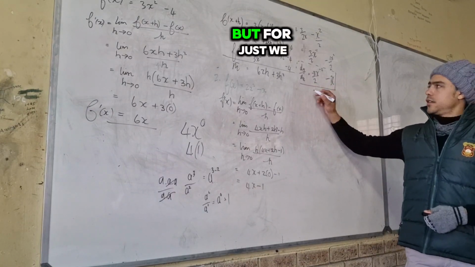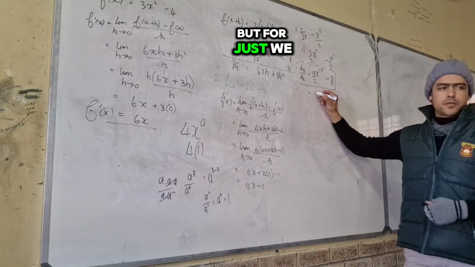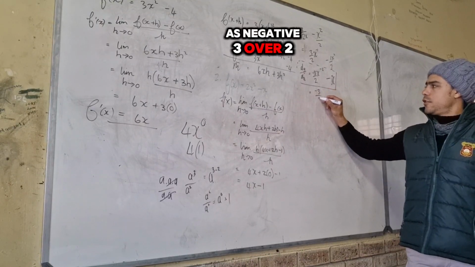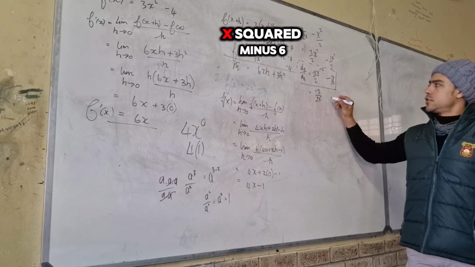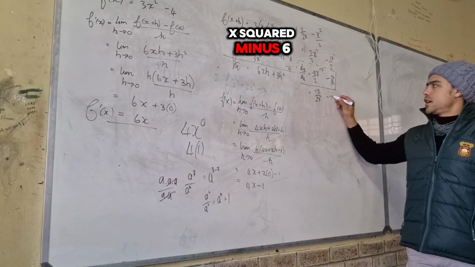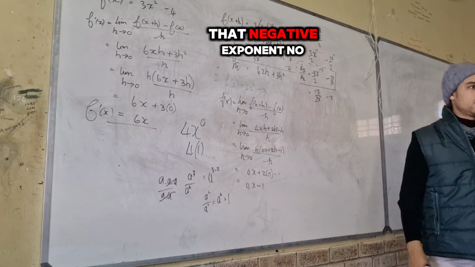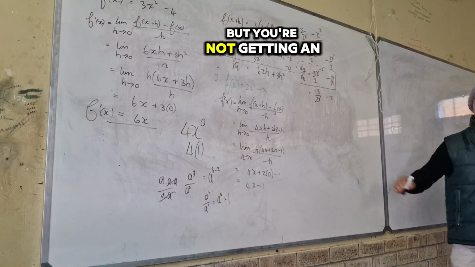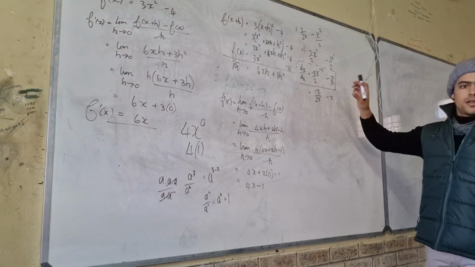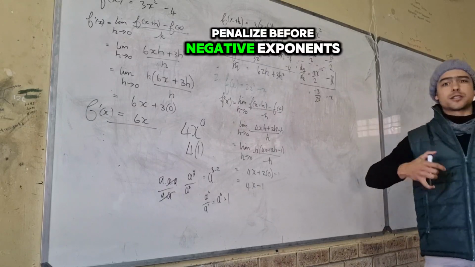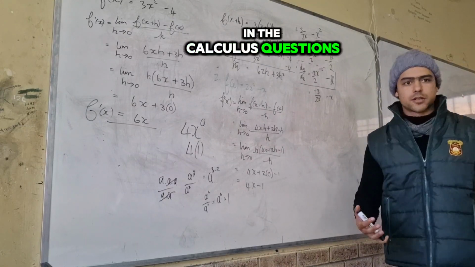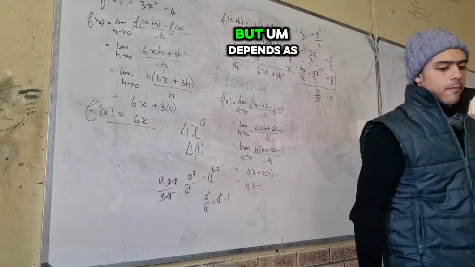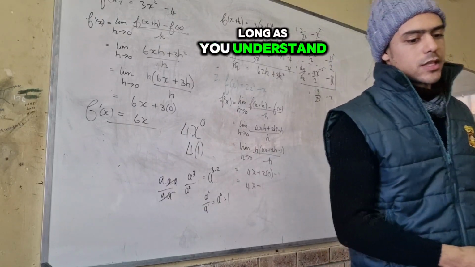But we're not negative people, so we're going to write it as negative 3 over 2x squared minus x, just getting rid of that negative exponent, to make our answer look positive. But you're not getting an extra mark for that. They're also not going to penalize you for negative exponents in the calculus questions. Maybe somewhere else you might be penalized, but as long as you understand the principle.